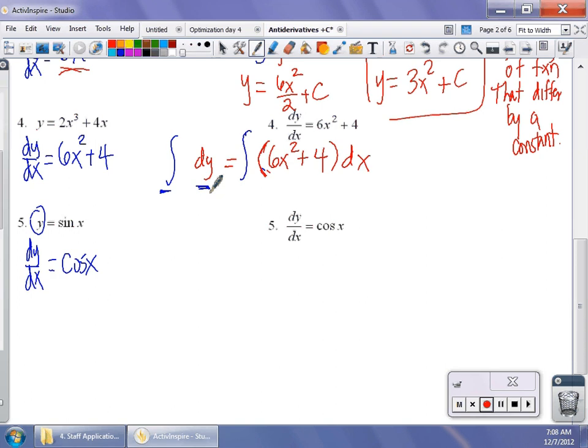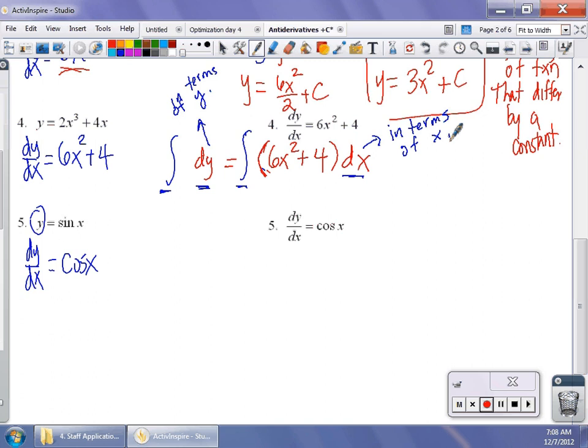The integral and the dx on this side work together as the operator. It basically says I'm going to find the antiderivative. The dy tells me I am in terms of y. So on the left-hand side, the variables that I bring back are going to be y variables. The dx on the right-hand side tells me this side will be in terms of x.